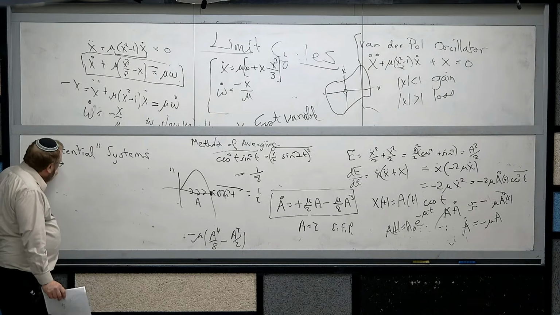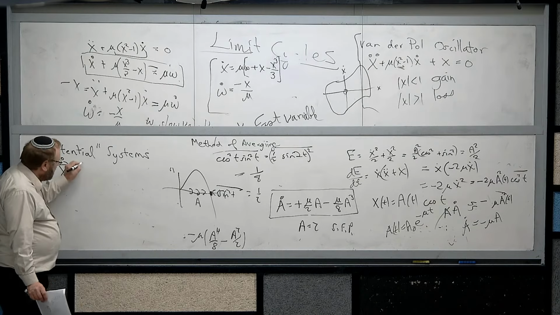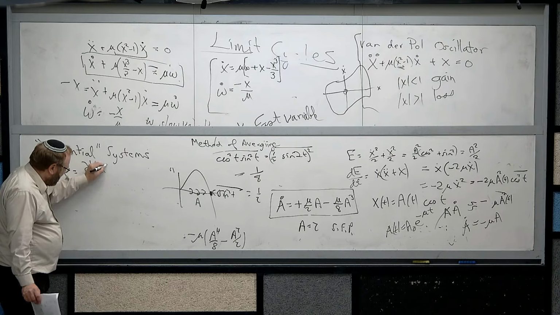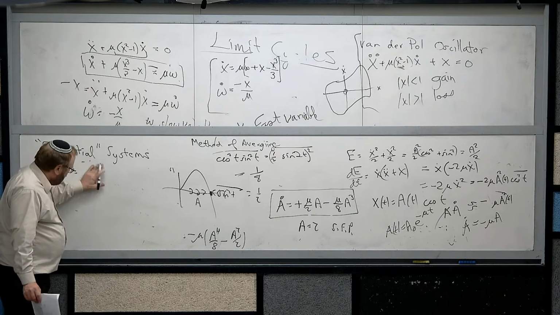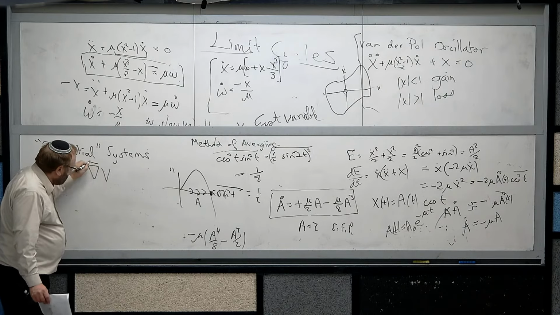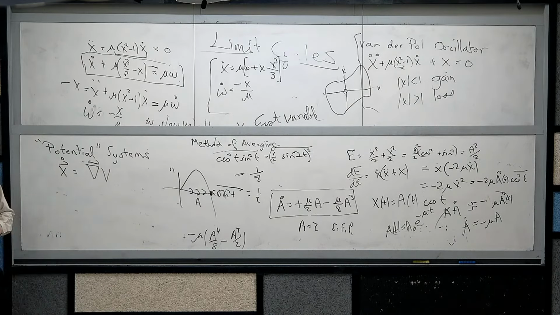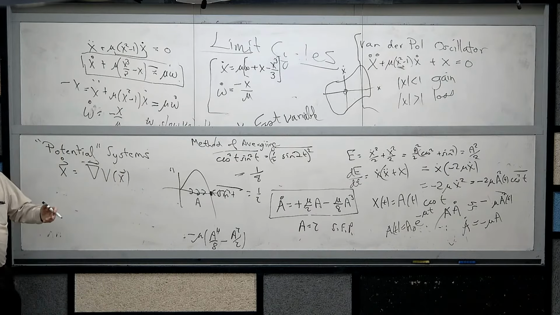When you have the equations x dot equals minus grad V, you have some potential field V of x.